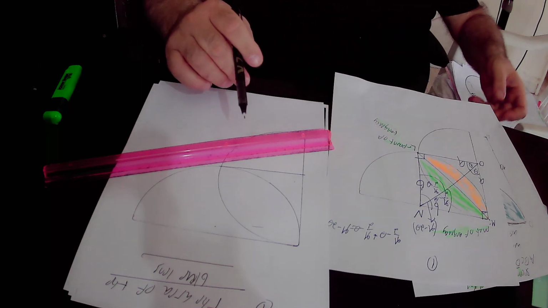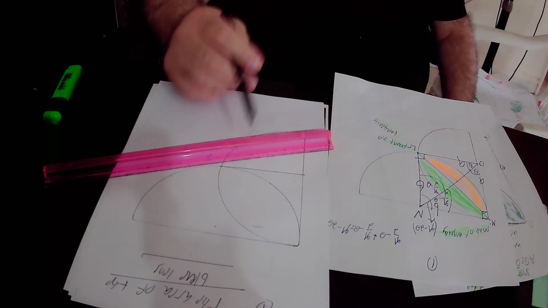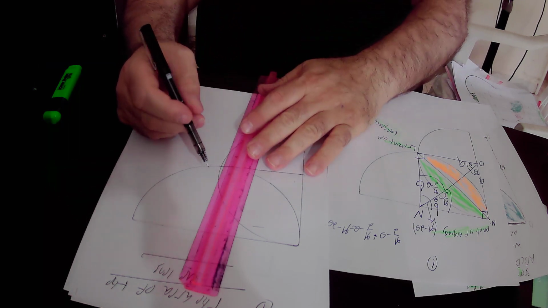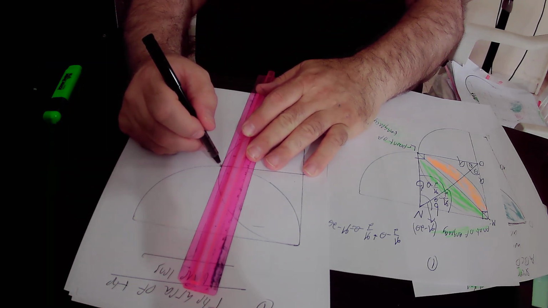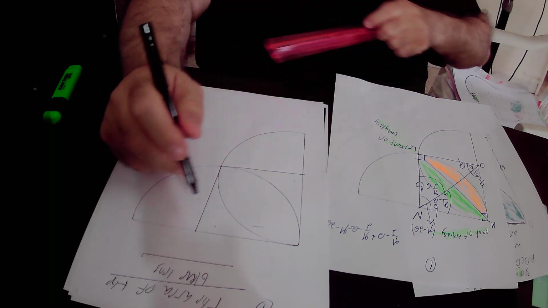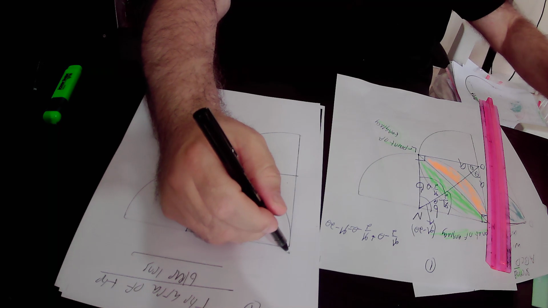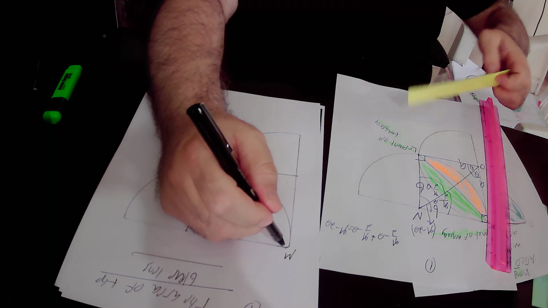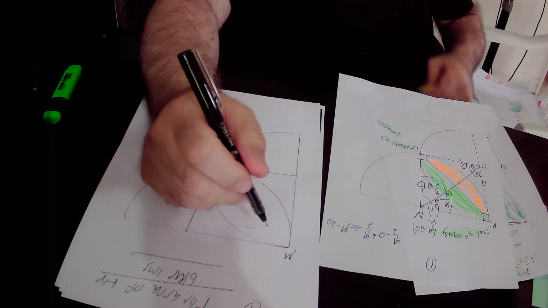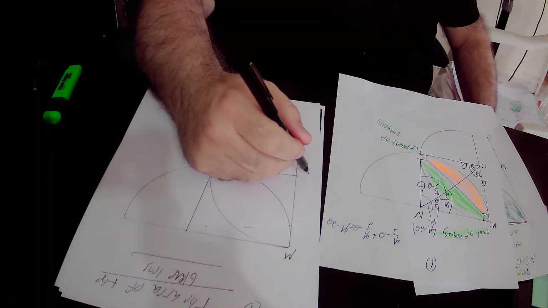Those are the two semicircles. The radius of each semicircle is equal to 5 units. The two semicircles intersect with each other at 90 degrees, that is to say they are perpendicular to each other.